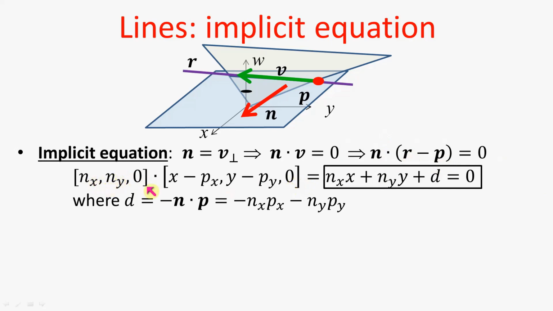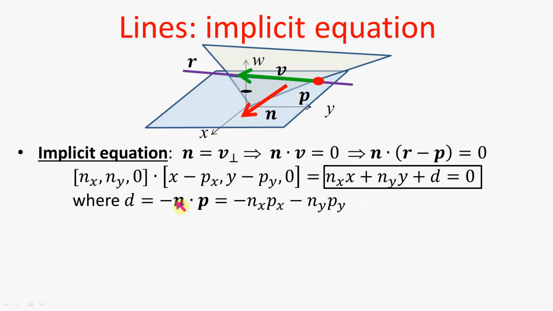And then we use the formula of the dot product, so the x coordinates are multiplied, the y coordinates are multiplied, and the two multiplications are added, and result in the well-known formula of the two-dimensional line. But we can also observe that the scalar parameters of x and y are nothing but the two Cartesian components of the normal vector.